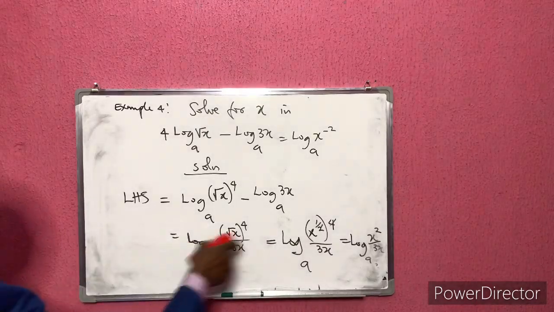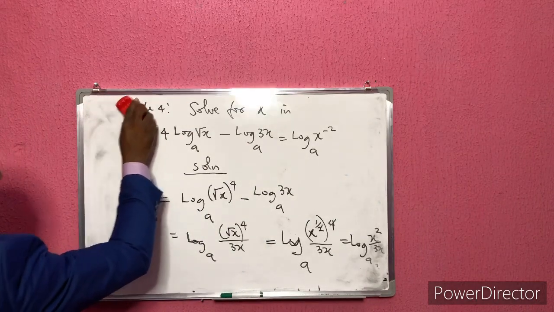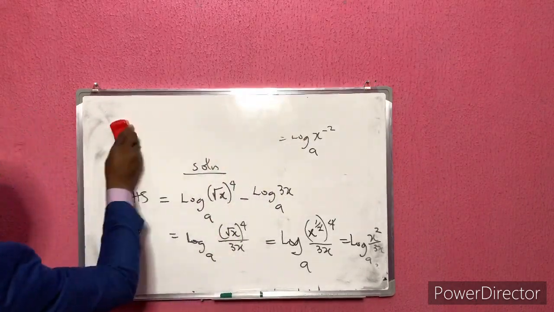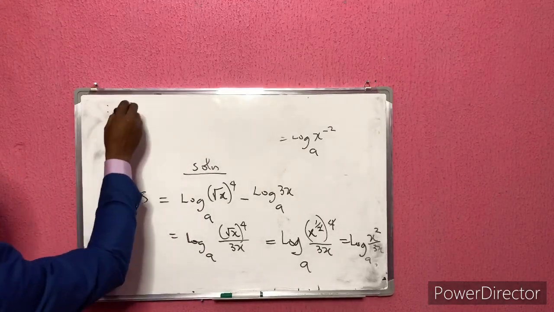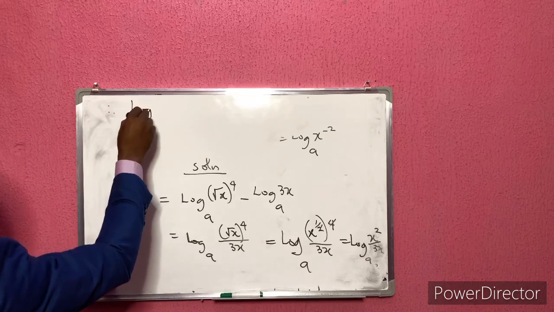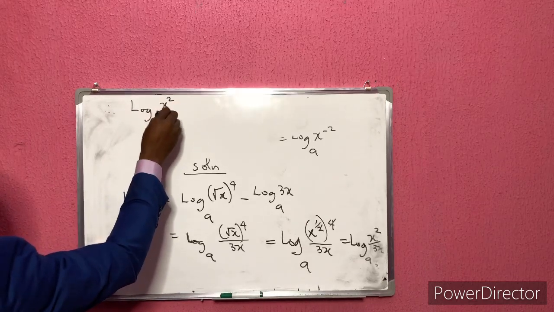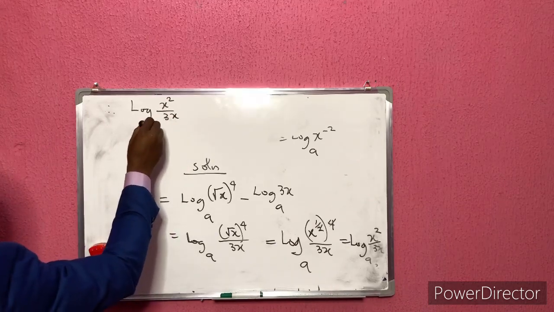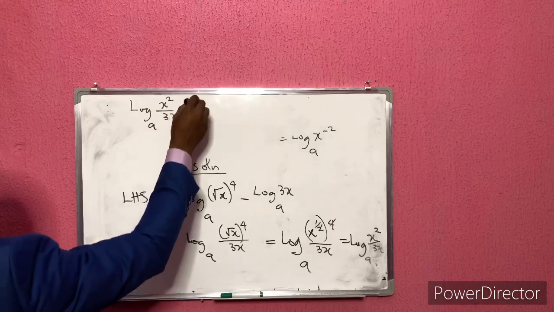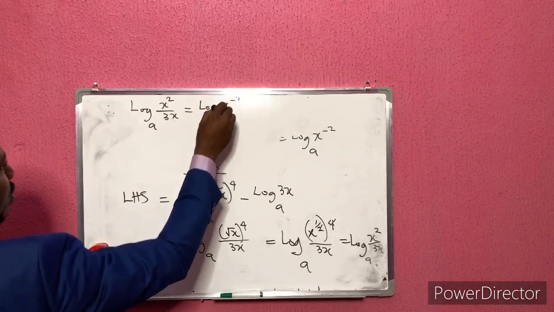Now I have this left hand side, I will equate to the right hand side. Therefore, log x squared over 3x base a is equal to log x minus 2 base a.